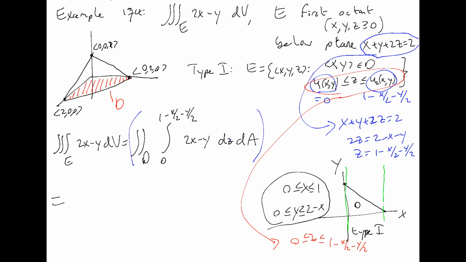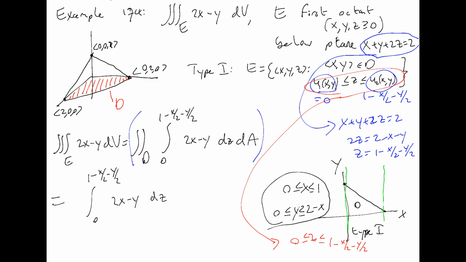So I have to do z first, that's the inner part. So we have the integral from 0 to 1 minus x over 2 minus y over 2 of 2x minus y dz.